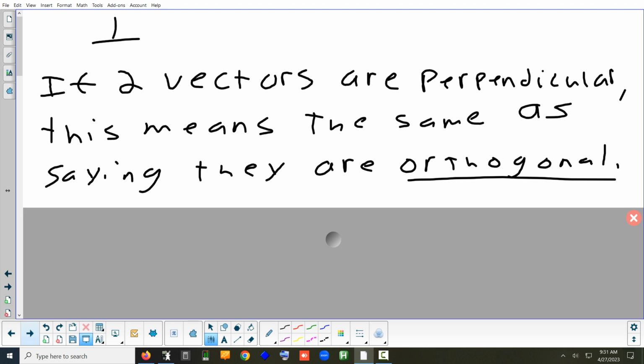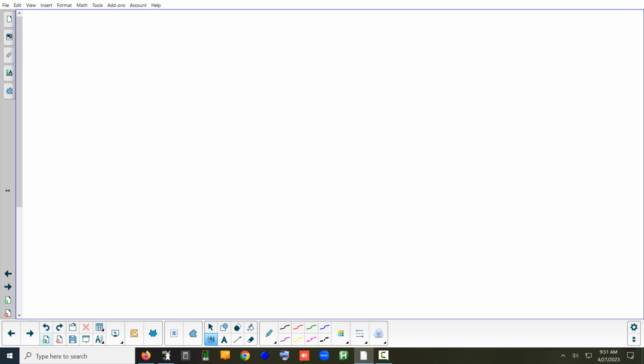Okay, so let's think about that for a second. If two vectors are perpendicular, what did you just say that means the angle would be? 90. So let's work backwards and see what that would mean. Two vectors are perpendicular. You would know that the left-hand side of your formula already has a 90-degree angle, because the angle is 90.